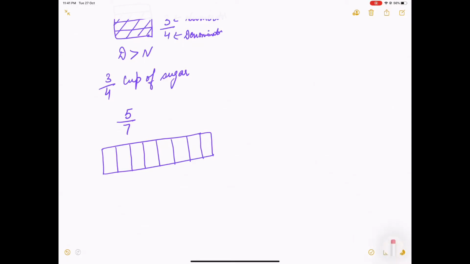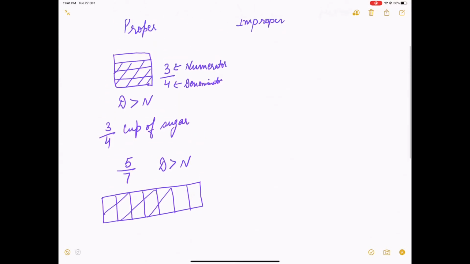I'll erase the extra part. Okay. So now out of these 7 parts, if I take 5 parts, so my fraction is 5/7, and my denominator is bigger than the numerator. So this is a proper fraction.